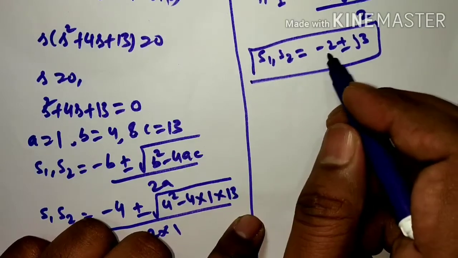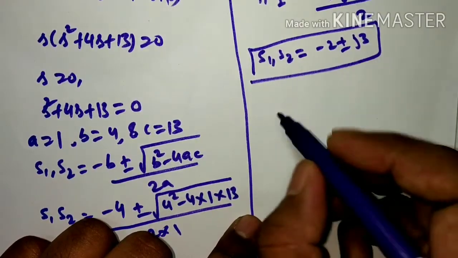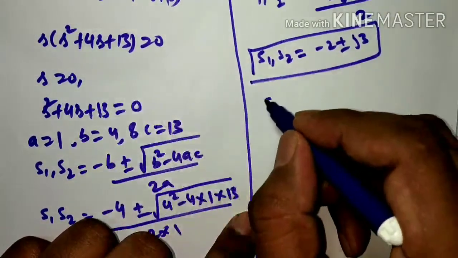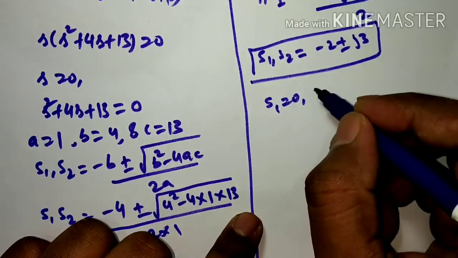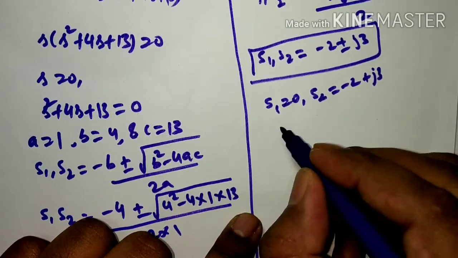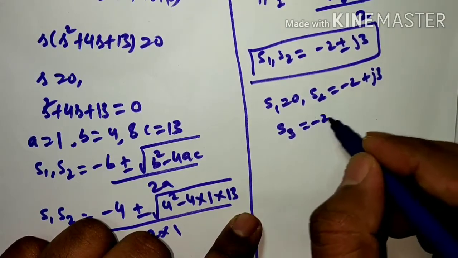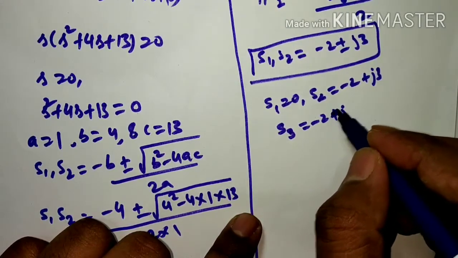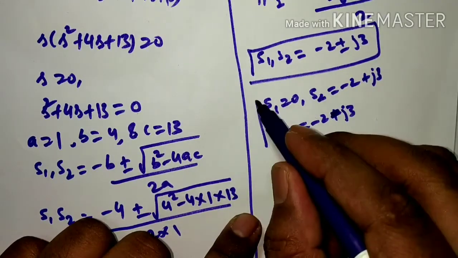So S1 and S2 come out as −2 ± j3. So there are three roots: s1 = 0, s2 = −2 + j3, and the other root is −2 − j3.